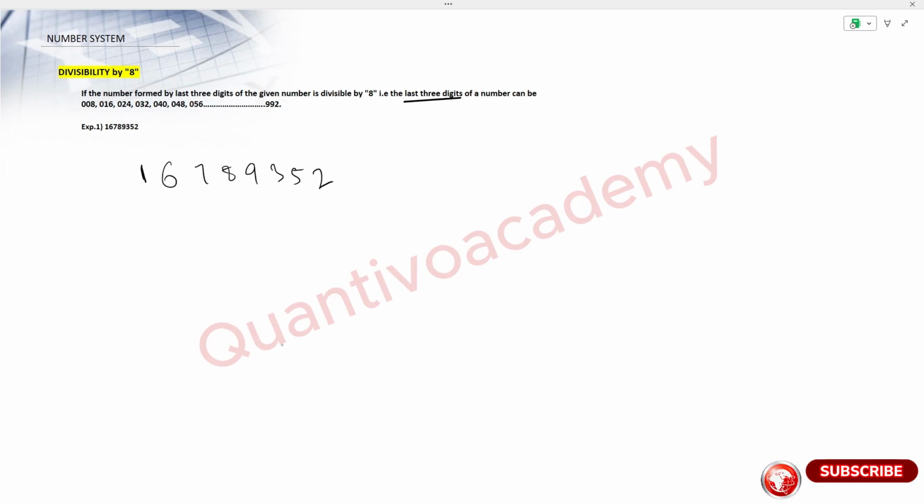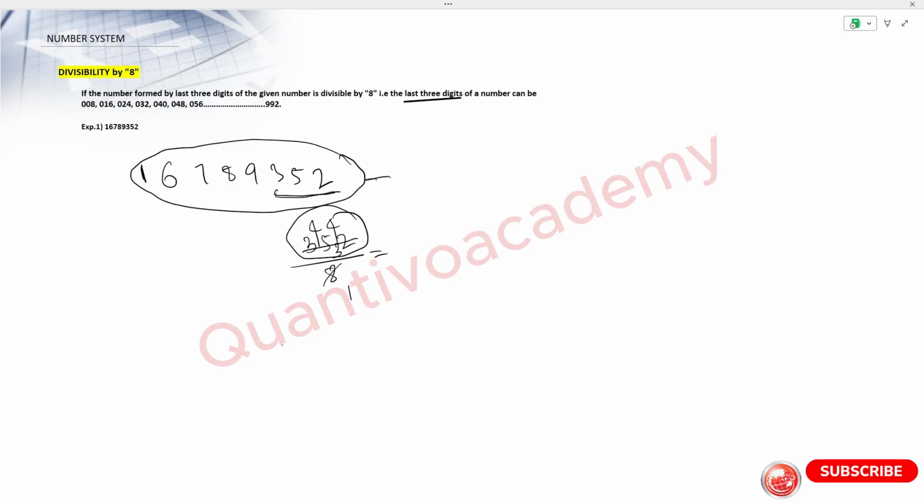By considering the last three digits, we can say whether this number is divisible or not. So let's divide these three digits by 8. 8 ones are 8, 8 fours are 32, then 8 fours are 32, which means the last three digits of the given number are perfectly divisible by 8. Then the complete given number is also divisible by 8.